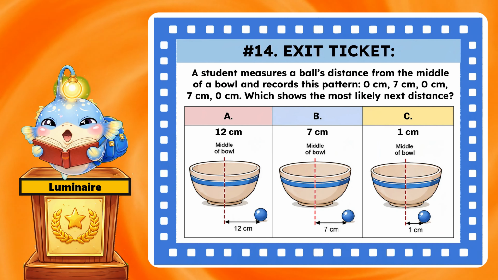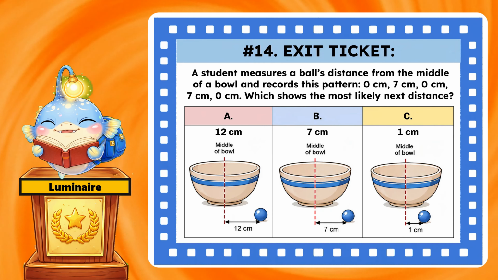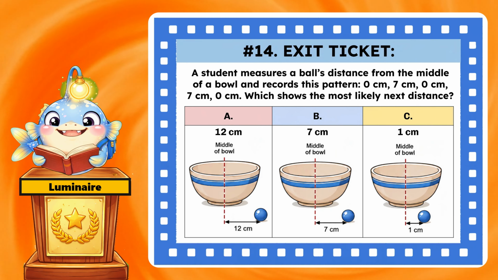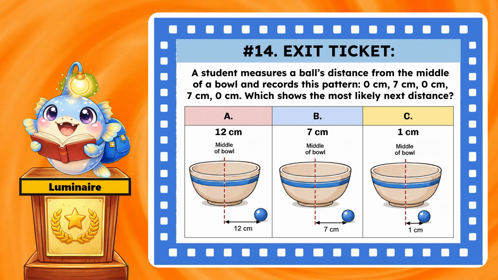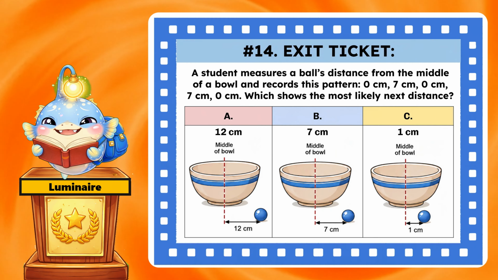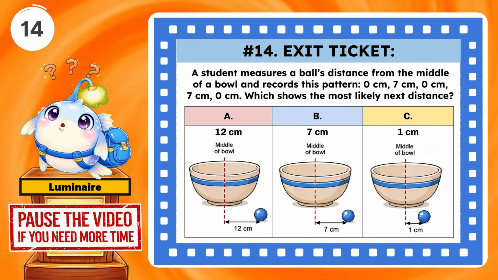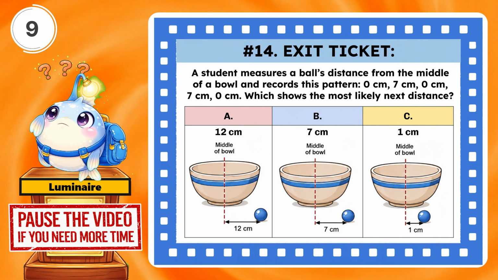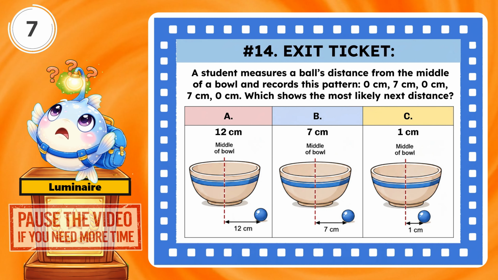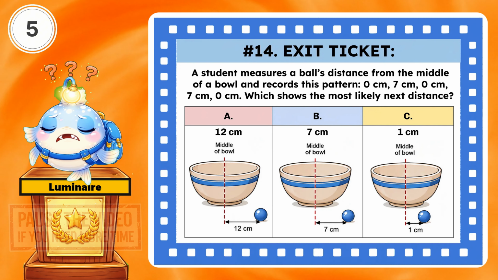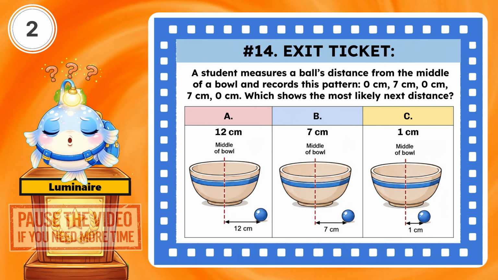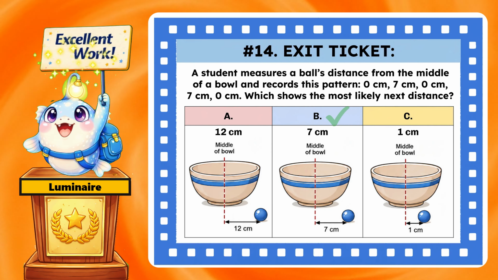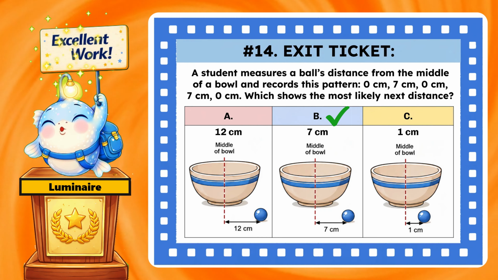A student measures a ball's distance from the middle of a bowl and records this pattern: 0 centimeters, 7 centimeters, 0 centimeters, 7 centimeters, 0 centimeters. Which shows the most likely next distance? And the correct answer is letter B, 7 centimeters.